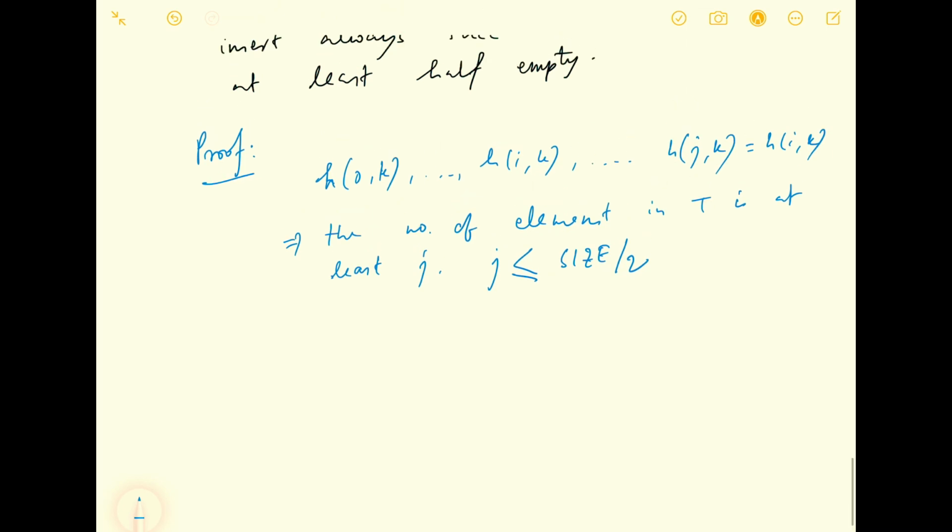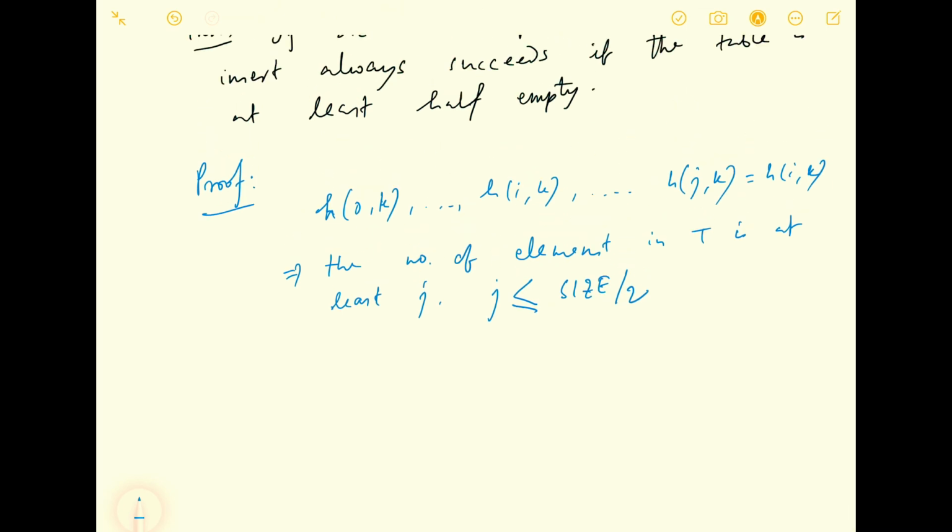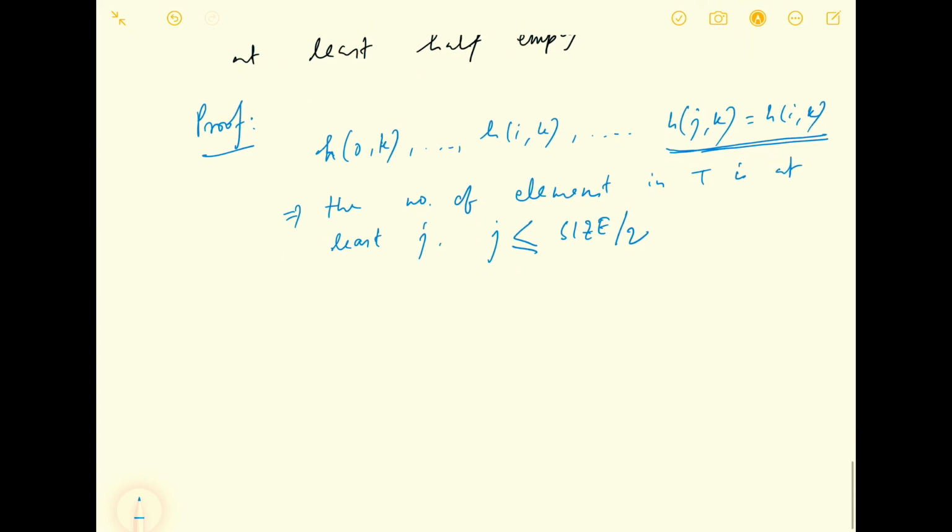Okay, now you are saying that h(j,k) is same as h(i,k), and we will prove that this leads to a contradiction. So let's write here h(j,k) is equal to h(i,k). Now what does that mean?